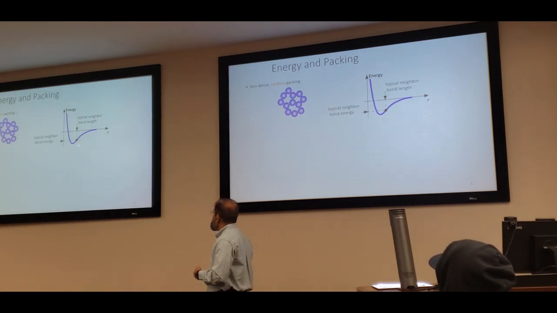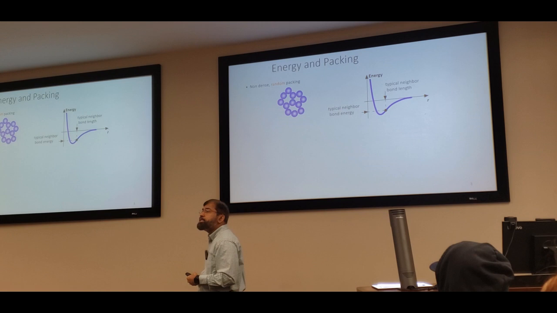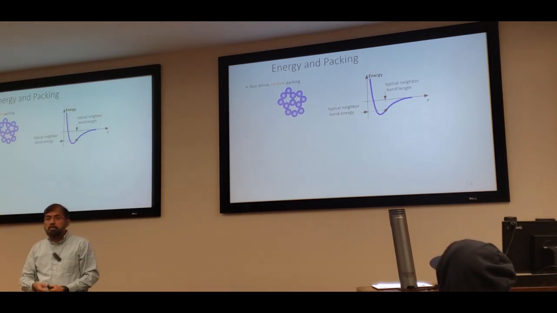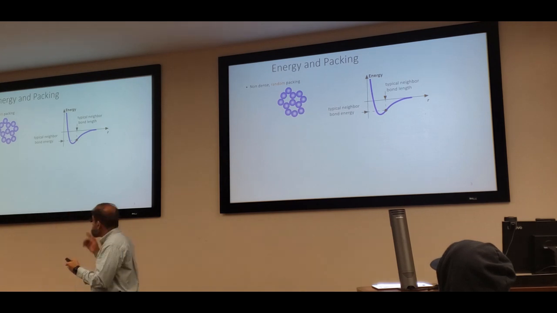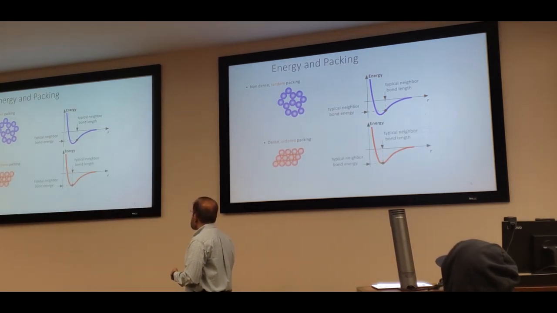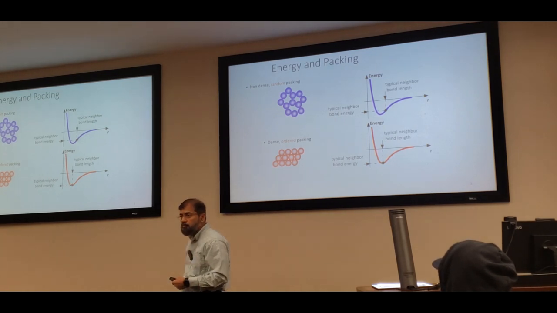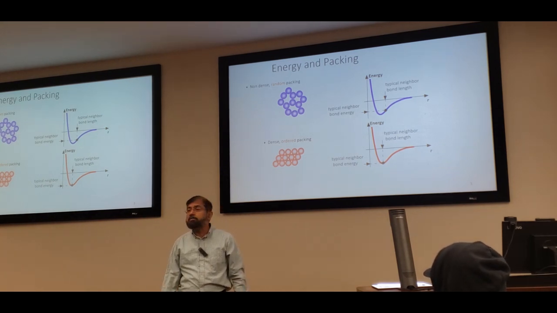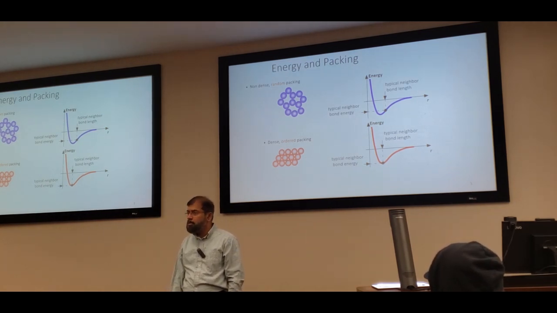The ideal energy should be somewhere here, at the bottom, for complete close packing of your material. Agree? So that is the difference. Then here you have an ordered packing, where the bond energy is at the bottom of that curve. That is the ideal bond energy for that material.